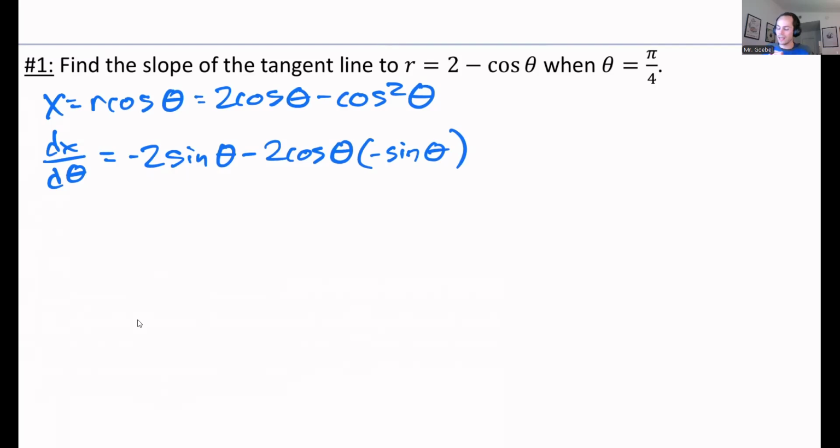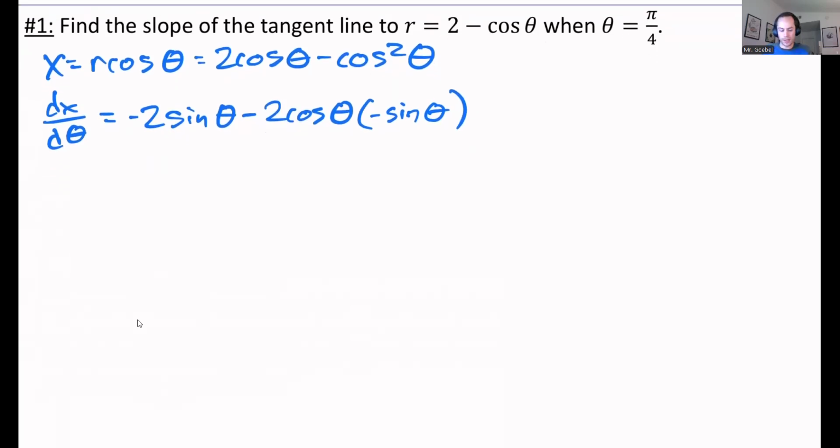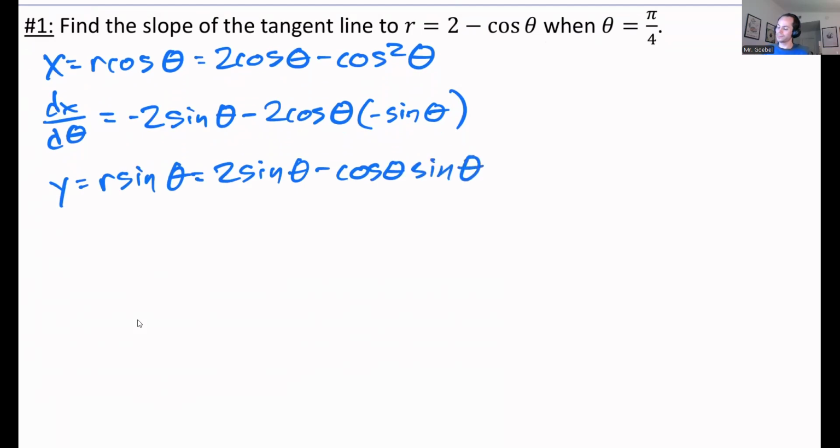Then we're going to do the exact same thing with the y coordinates this time. y equals r sine theta. So take the original r that they gave us, multiply it by sine theta. So this time I'll have 2 sine theta minus cosine theta sine theta. And we're going to take the derivative of that with respect to theta.